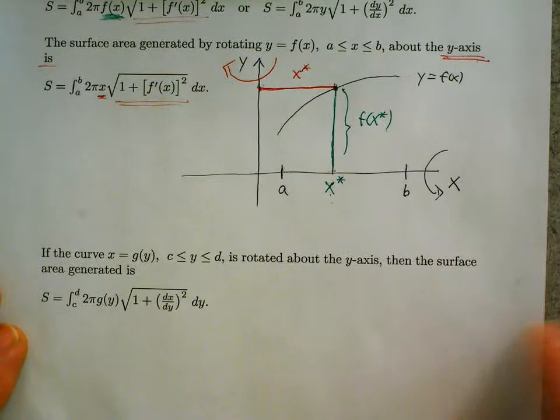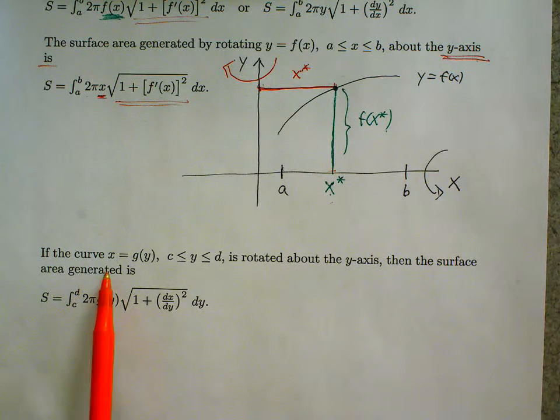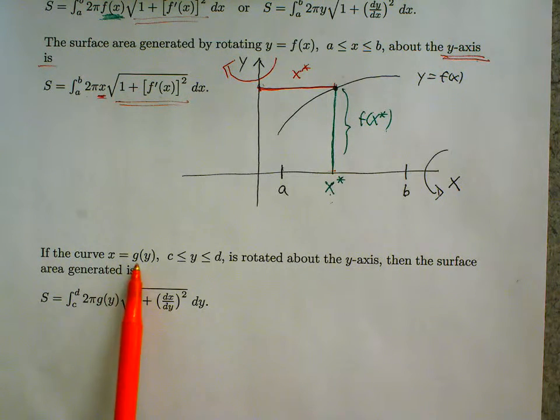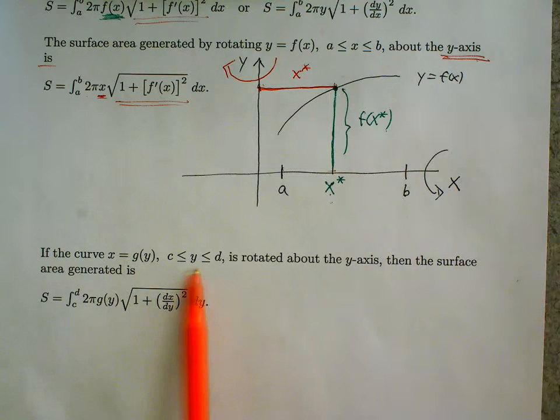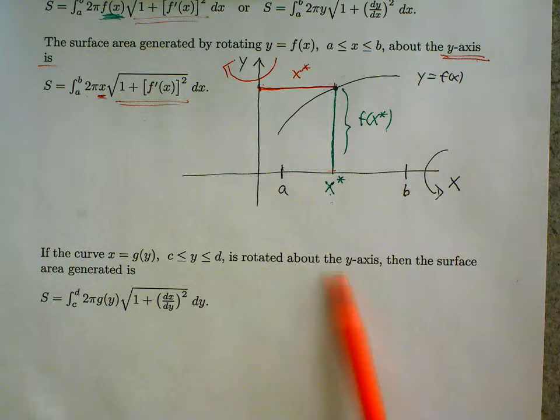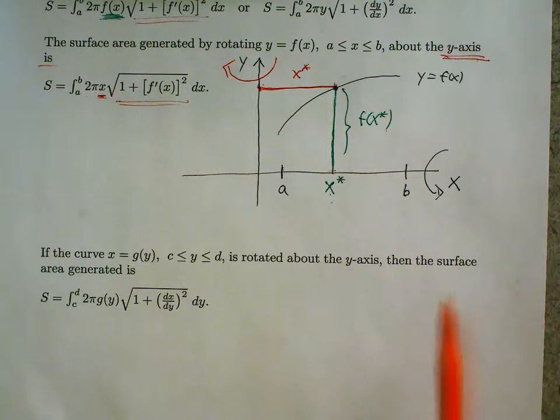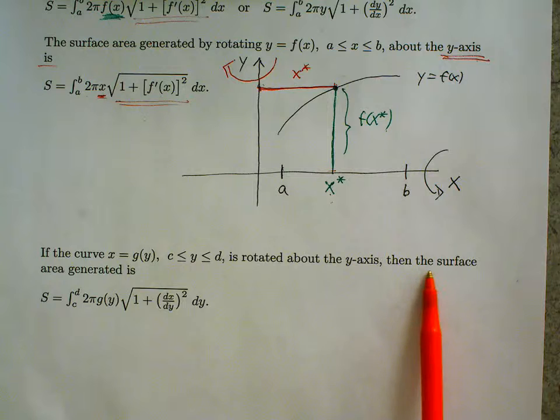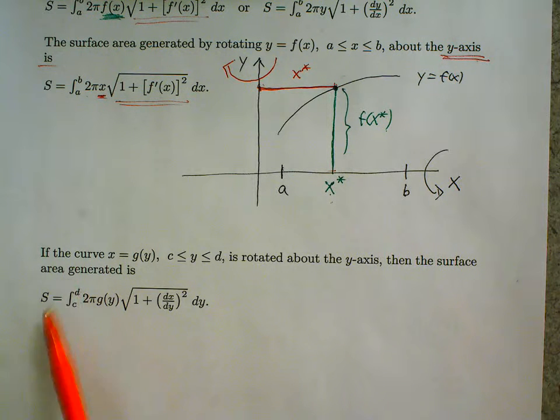Okay, in other cases, you'll see x expressed as a function of y for values of y from c to d. And if we rotate this about the y-axis, then the surface area generated is the definite integral of 2 pi times g of y times the square root of 1 plus the derivative of x with respect to y squared dy.